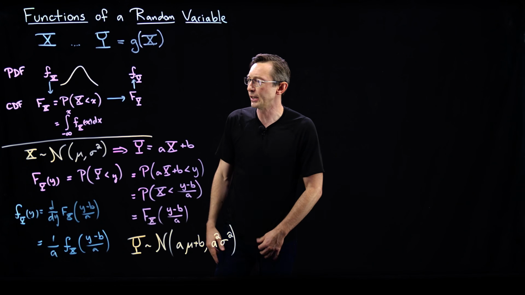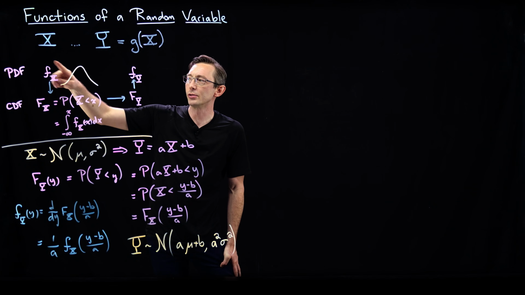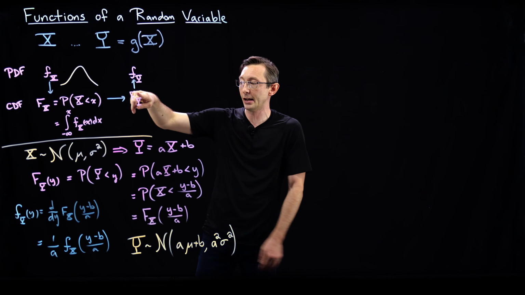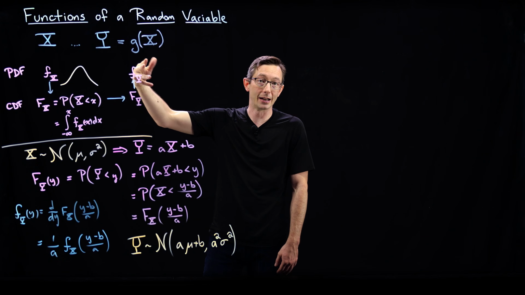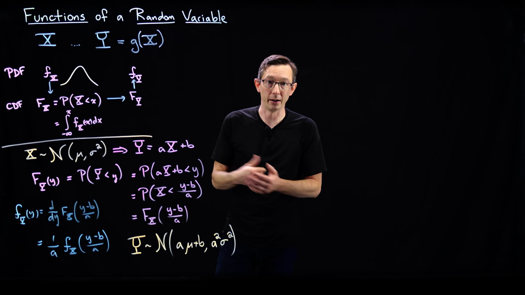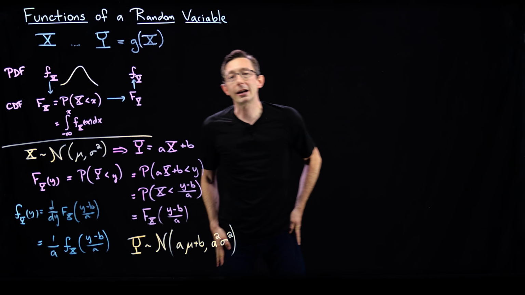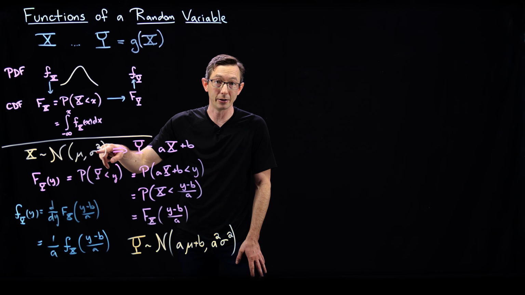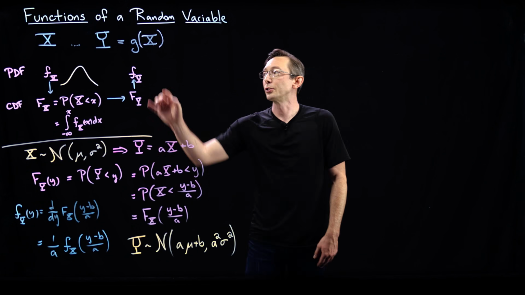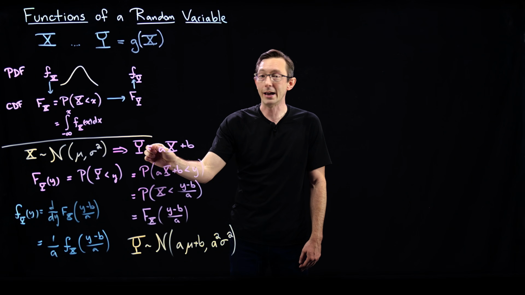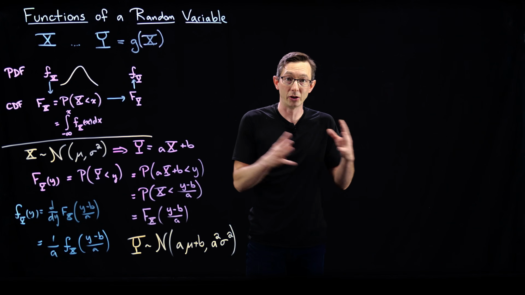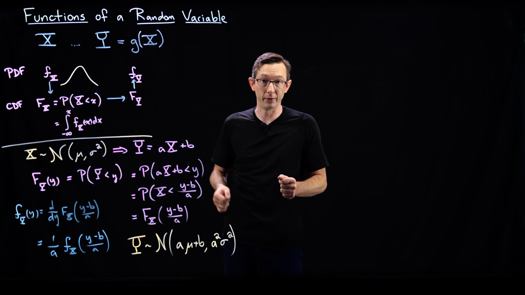So we went through this procedure and basically showed that you start with the CDF of x to build a CDF of y, and then you differentiate it to get the probability density function of this new variable y. And we actually showed that if I have a normal distribution with mean mu and standard deviation sigma, and I introduce a new random variable y equals ax plus b, so just a scaling and a shift, this is kind of a linear function of x.